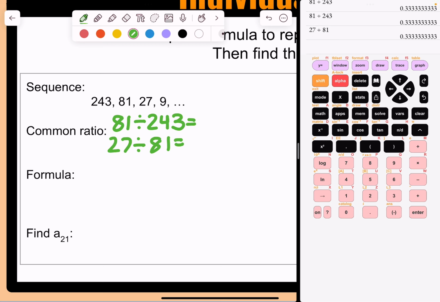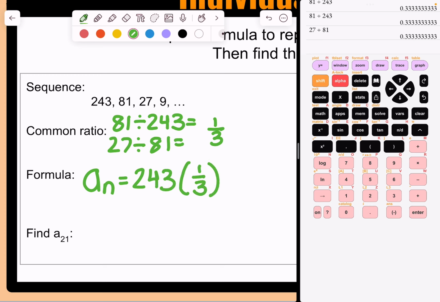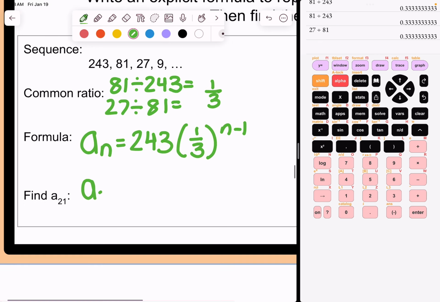That gives us 1/3. I know it gives us that decimal, but that decimal is 1/3. So our formula is AN equals our first term, which is 243, multiplied by our common ratio, and then we put N minus 1. And if I'm trying to find the 21st term, all I got to do is plug in 21 for my N value.